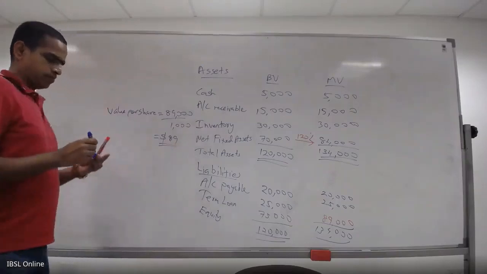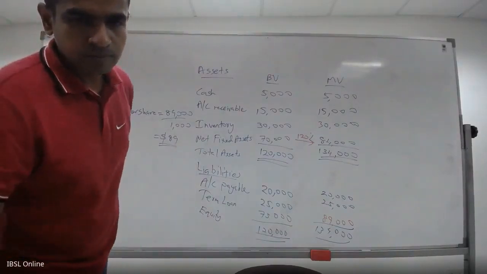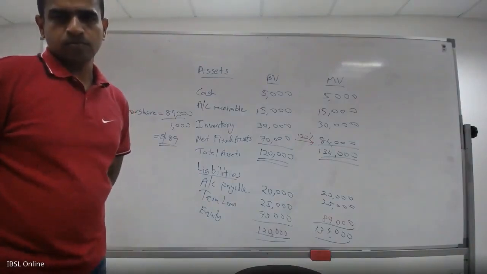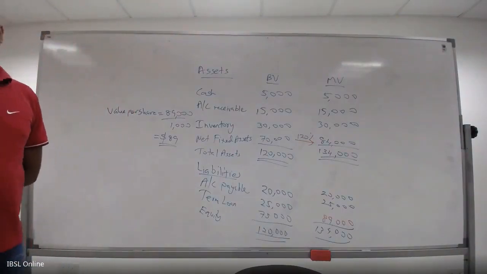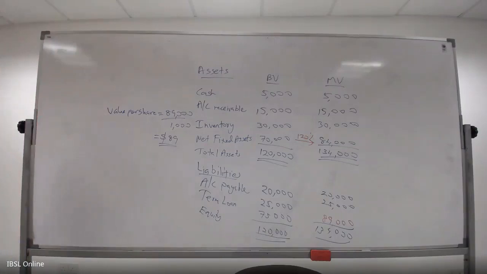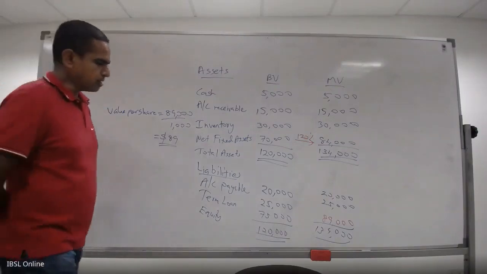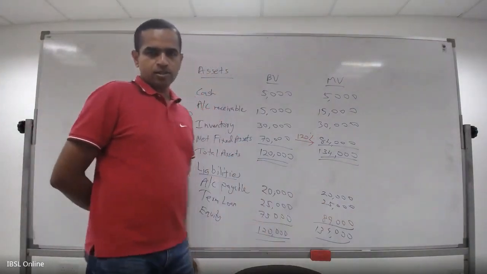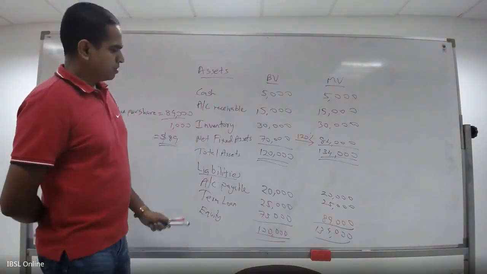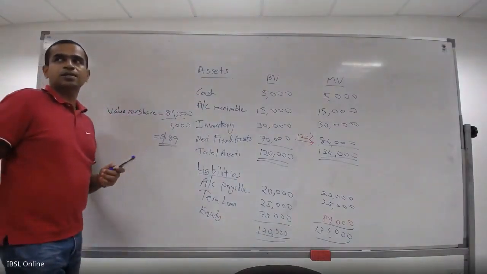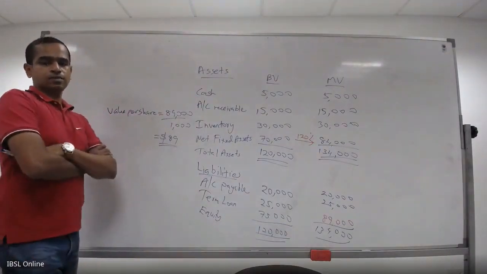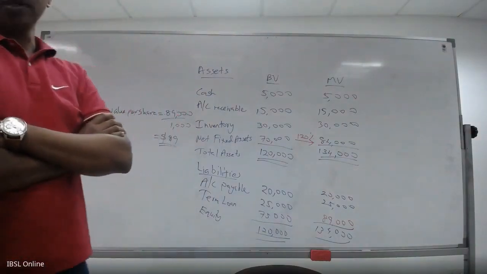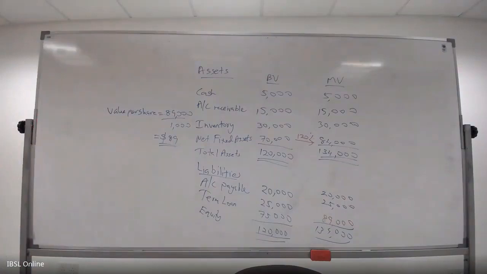Should be 89. Right. Because the value of 89,000 comes from 1,000 shares. 1,000 shares worth 89,000. Equity in this case is worth 89,000. So the share price should be 89. Is that clear?